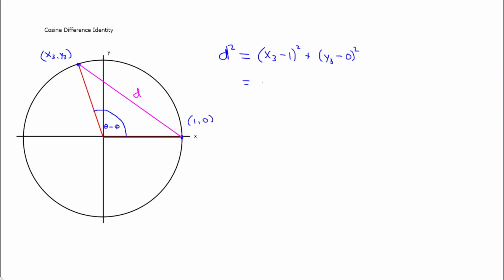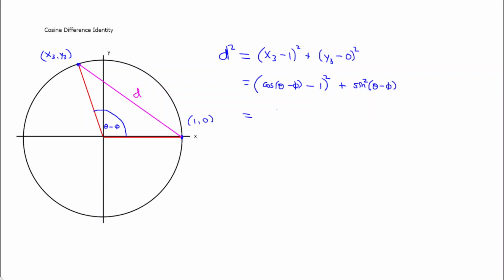As before, the x's and y's can be replaced with the cosine or sine, respectively, of the standard angle, which is now theta minus phi. So in this first grouping, I have cosine of theta minus phi, minus 1, squared. In the second grouping, it's just y3 squared, or sine squared of theta minus phi.